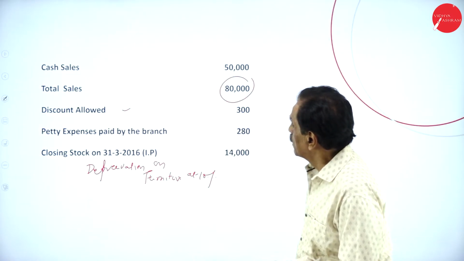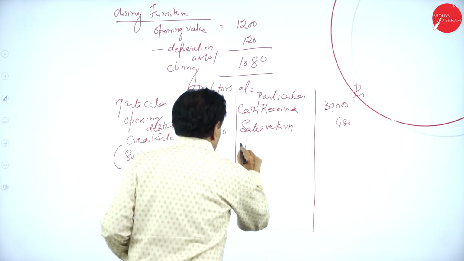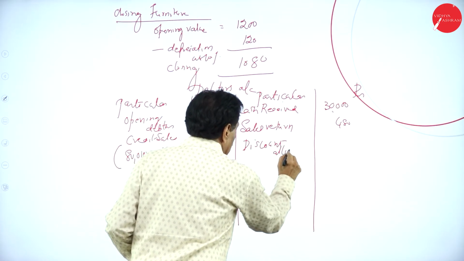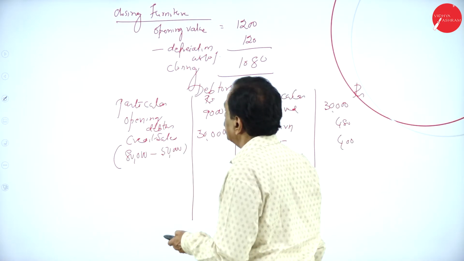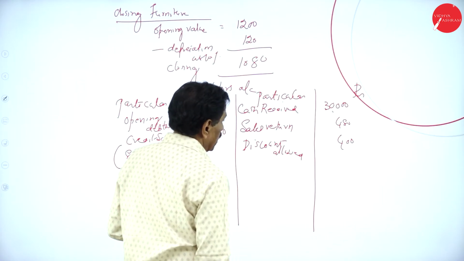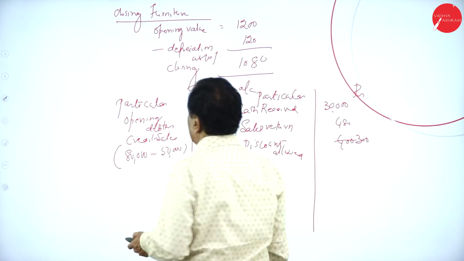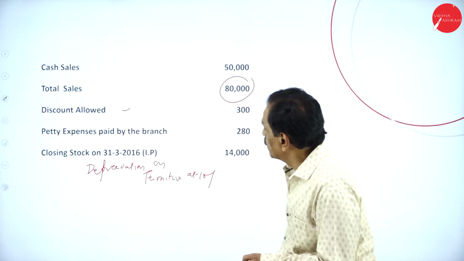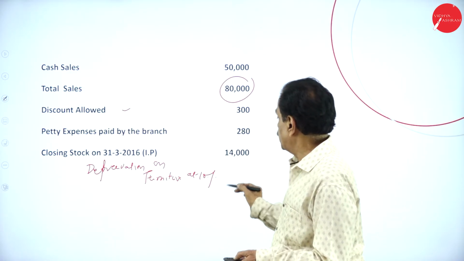Then discount allowed 300. Any bad debt? Discount allowed 300. See that, any bad debt is there? Total sale. Discount allowed is 300. Petty expense over. Depreciation at 10%.